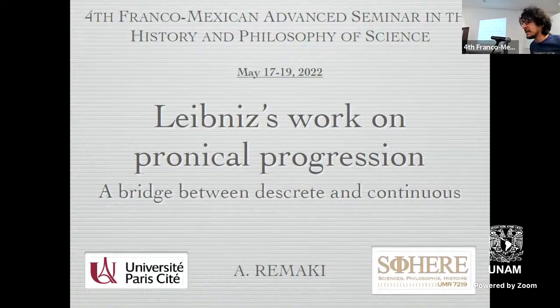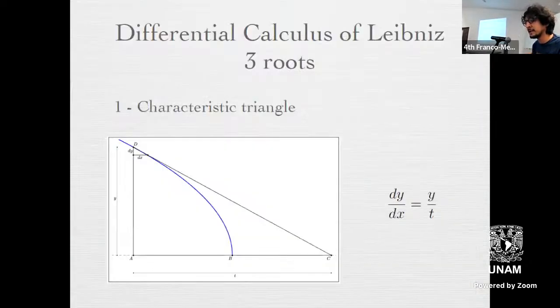In this text, Leibniz says that there are three roots to his differential calculus. The first root is the characteristic triangle. It's a geometric root. You see the blue curves. You get two triangles, a big one and a small one, and these two triangles are similar.